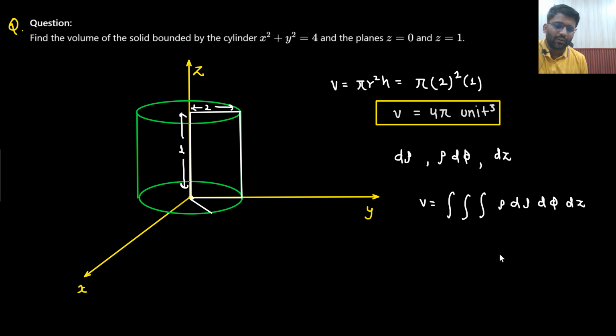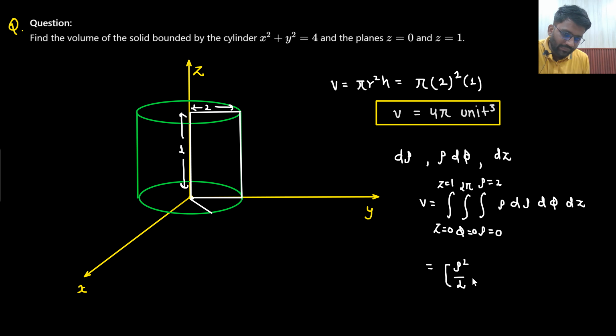With the limit of phi being the complete circular path, phi goes from 0 to 360 degrees, that means from 0 to 2 pi. And z goes from 0 to 1. So what will be the integration of rho? That will be rho square by 2, from 0 to 2.